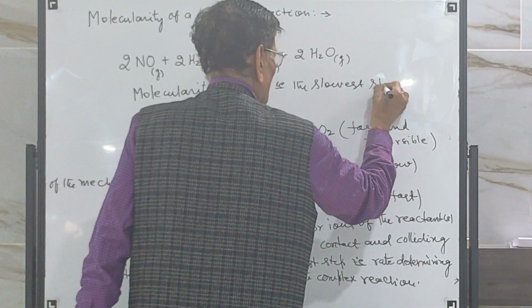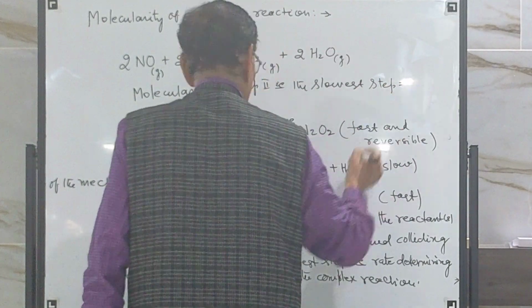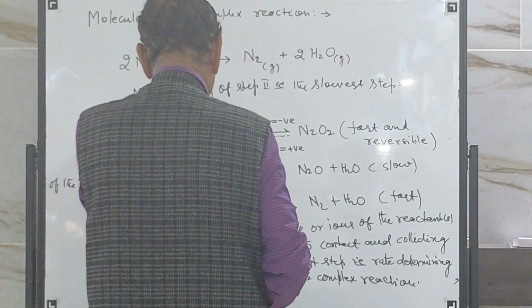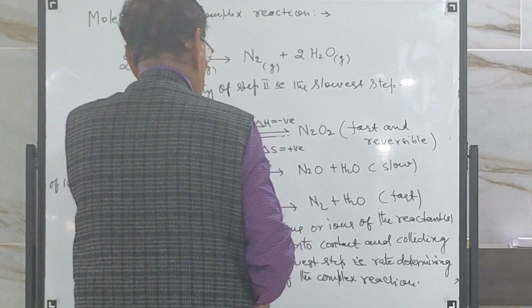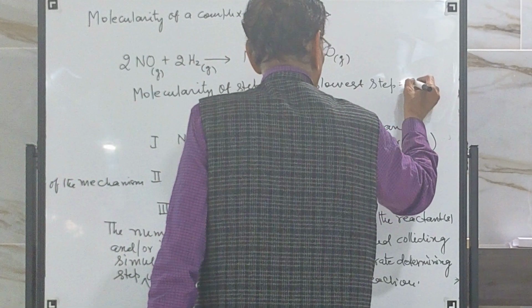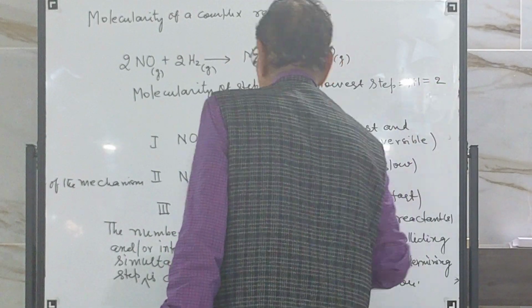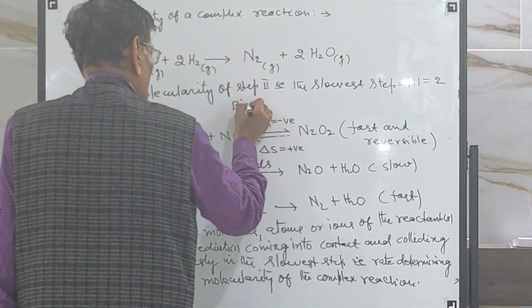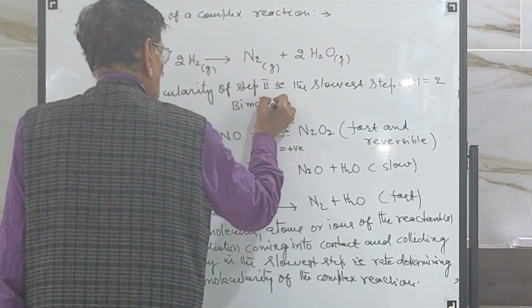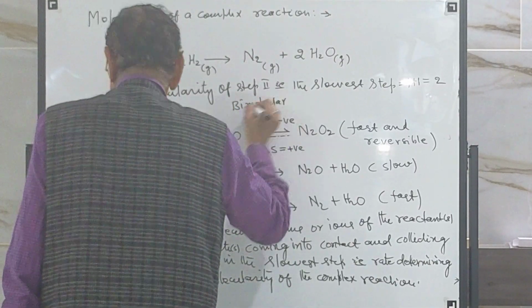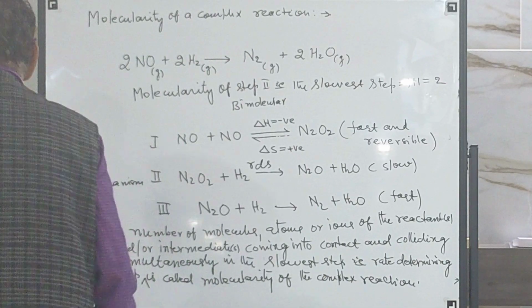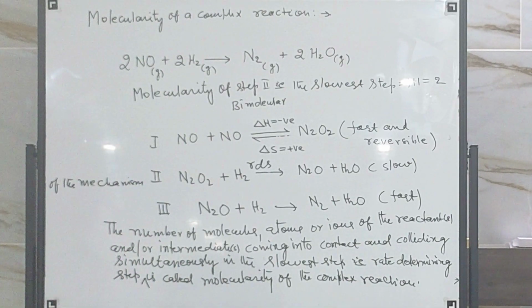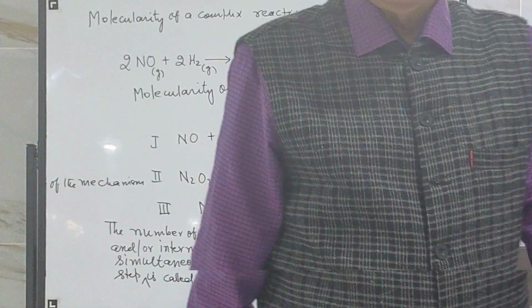And this is equal to 1 plus 1: one molecule of N2O2 and one molecule of hydrogen. 1 plus 1, that is 2. So this is a bimolecular reaction. Where the molecularity of the slow step is 2, that is, the slow step is bimolecular, we say that the mechanism is bimolecular.